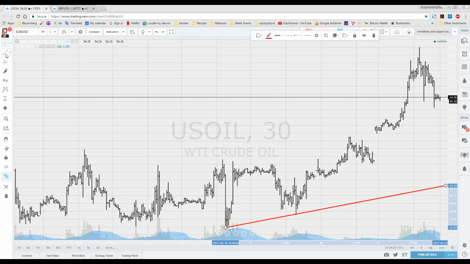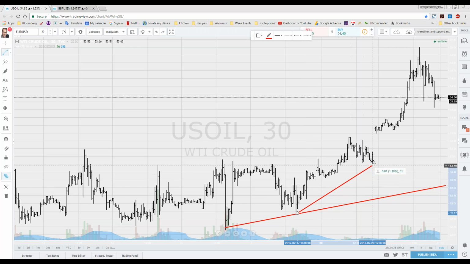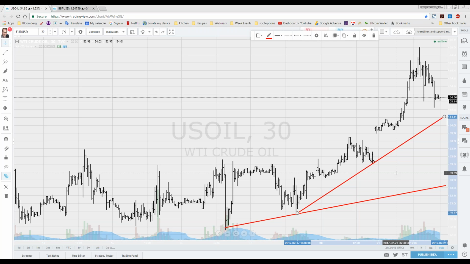So we could technically have a secondary trend line that we would take this swing low and call that a secondary trend line or a shorter term trend line. So this would tell us that when price is moving down, it might have some reaction right here at 54.11 if it came down to that price.